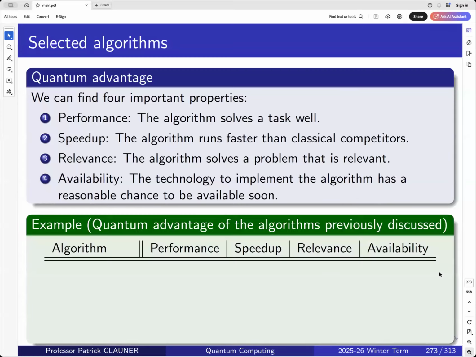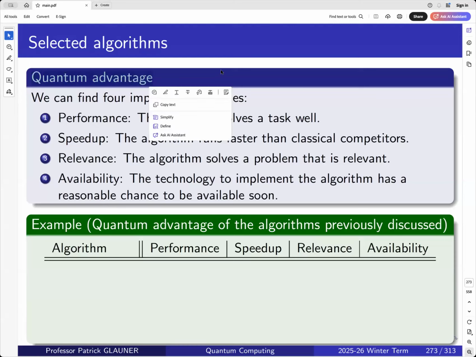Now, if we look at the four algorithms we saw, we can think about quantum advantage. Quantum advantage here means if all of this is satisfied, then quantum computers would actually add some real benefit because we solve a real problem that is relevant and we solve it faster, and the technology is available in the foreseeable future.